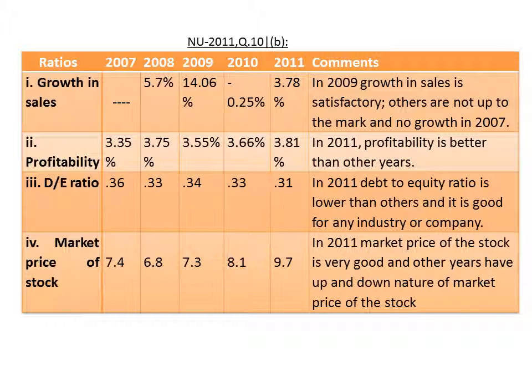So 2010, 2011 are 8.1, 9.7. I think the last summary or overall comment is not necessary to discuss. That means the individual particular year's trend analysis and comments are much better to understand.